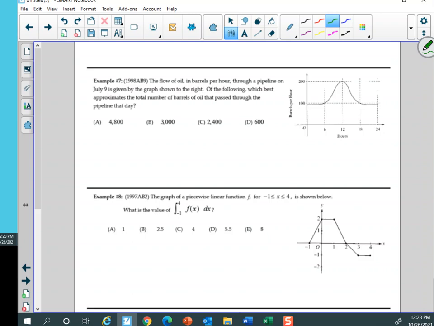The fact that when we have a rate graph, in this case a rate graph where I have barrels per hour on the y-axis and hours on the x-axis.